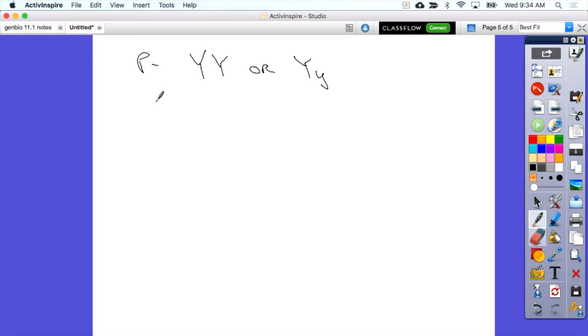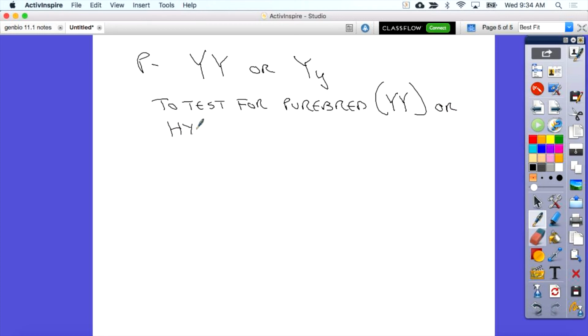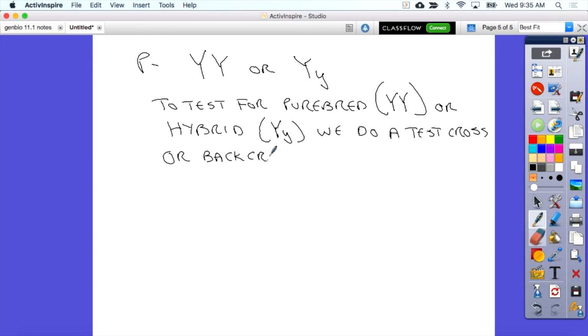So what we can do to test for hybrid or purebred, in other words, big Y, or hybrid, big Y, little y, we do what's called a test cross, or sometimes called a back cross.